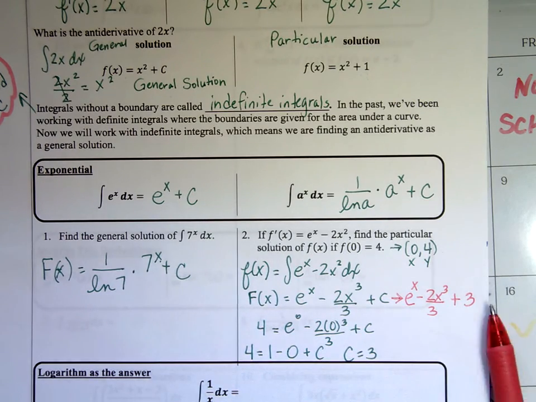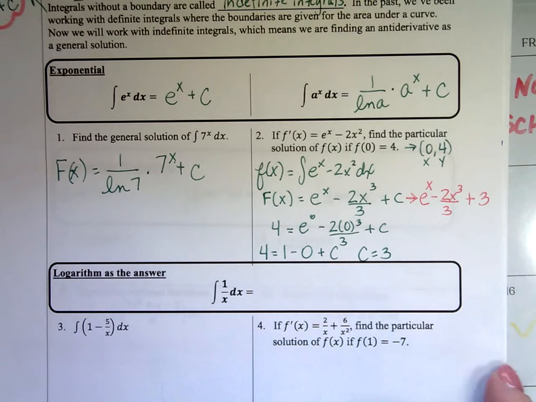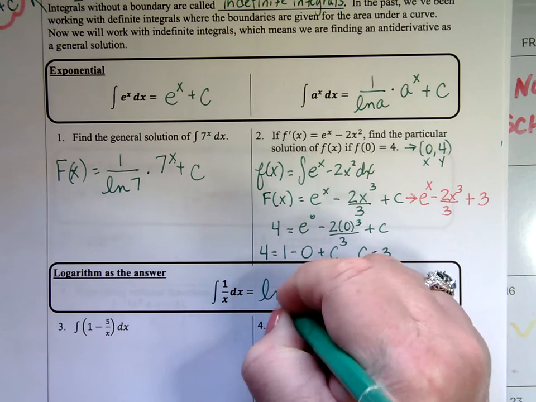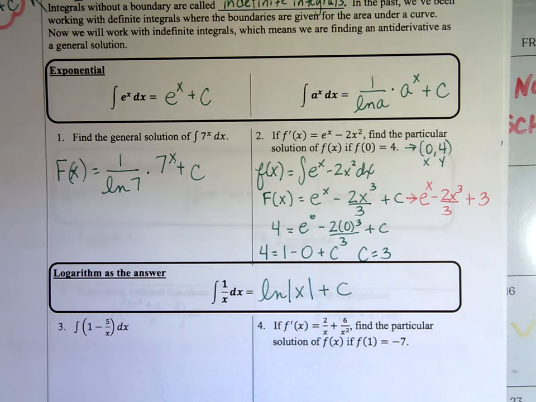Okay, another reminder of derivatives and integrals. If you have 1 over x, think about what function generates that as its derivative. That would be the natural log function. So it's the natural log. They always use absolute values with this.